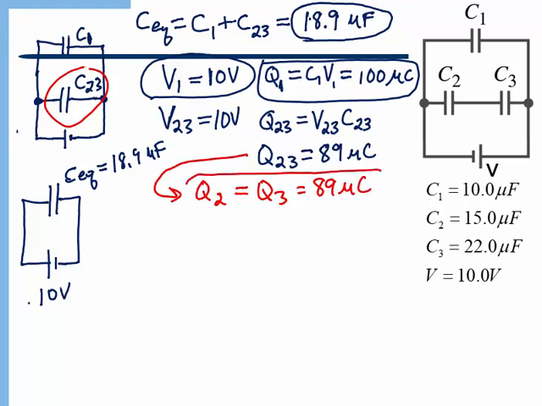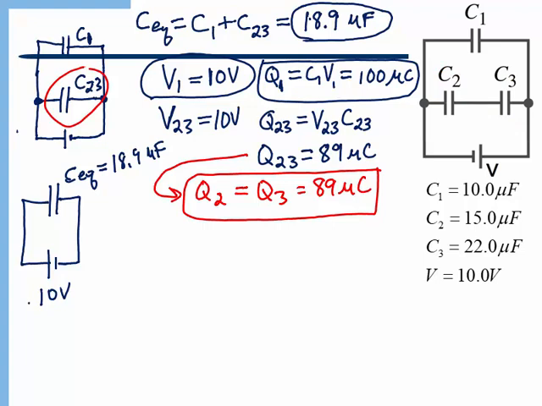That is the key piece of information that sometimes students forget. That's why I started by talking about series and parallel. You have to remember that in series, the charge on each capacitor is the same and is the same as on the replacement capacitor.